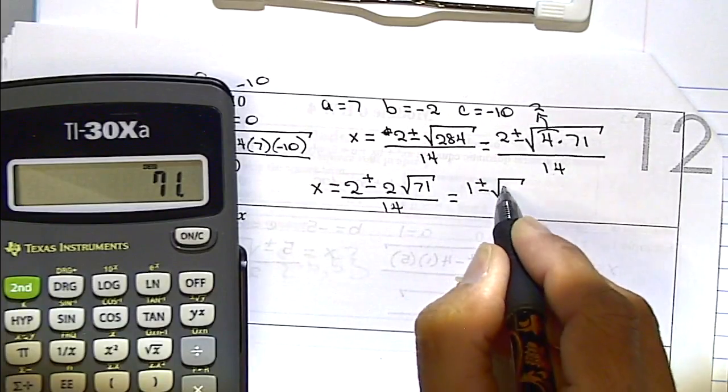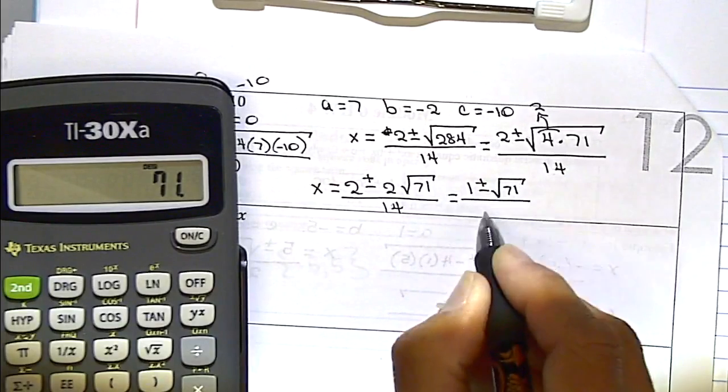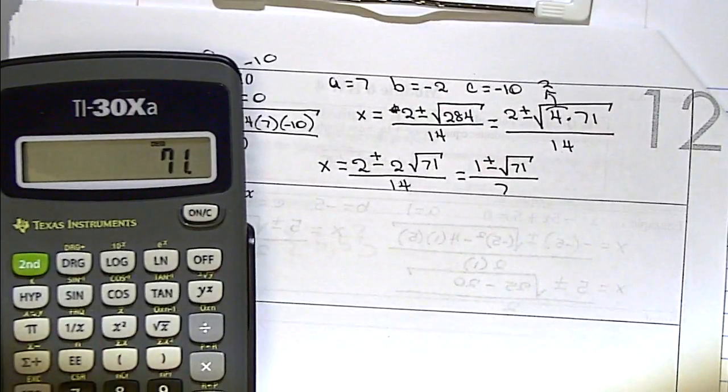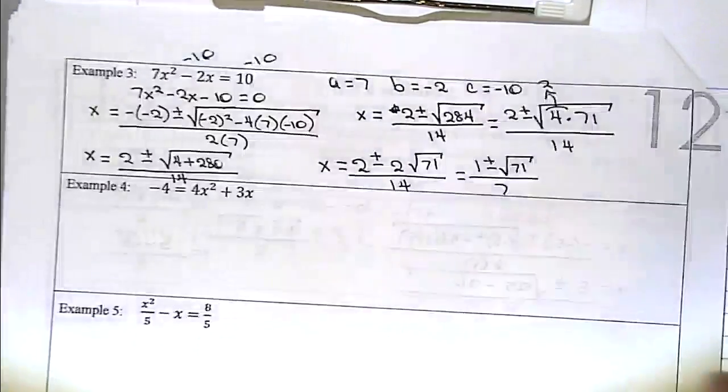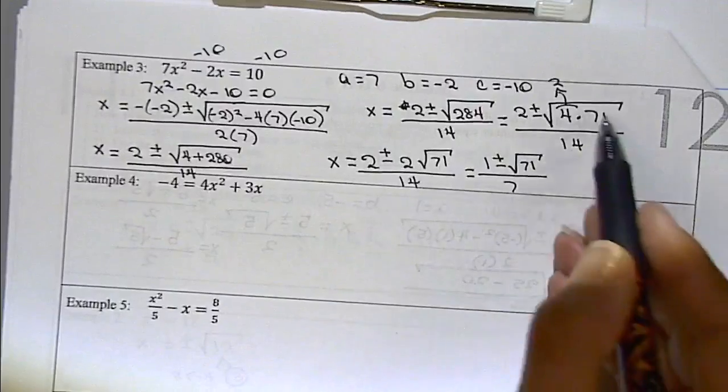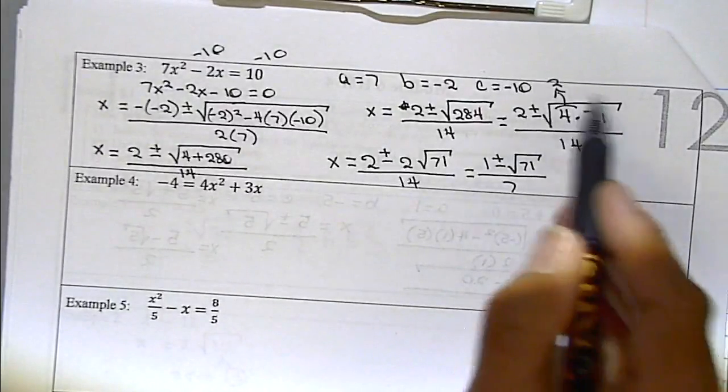When it's in front of something, I don't have to write it down. 14 divided by 2 is 7, and there's my answer. 1 plus or minus the square root of 71 divided by 7. Okay? Don't forget to reduce it. But you can only reduce it if all the coefficients will reduce with the denominator, okay? They have to all have a common factor. You also have to get all of the square roots out from under the radical, okay?